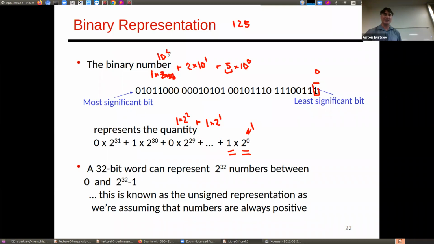Essentially it means 100 plus 20 plus 5. That's how you represent a number in a decimal system. In a binary system, the logic is the same: instead of powers of 10, you use powers of 2.